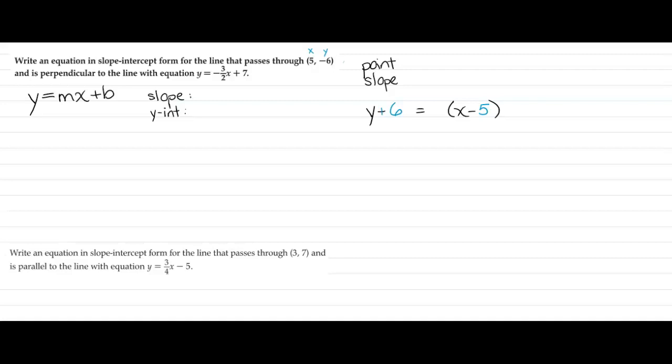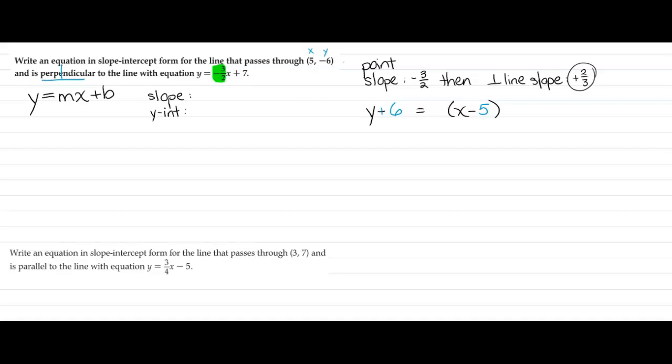Now we need the slope, and they tell us perpendicular to this line. The slope of this line is -3/2. If that slope is -3/2, then the slope of the perpendicular line is going to be the opposite, so positive, and we flip it, 2/3.